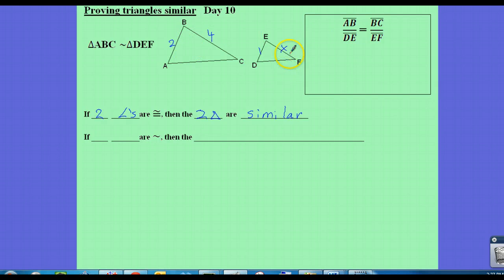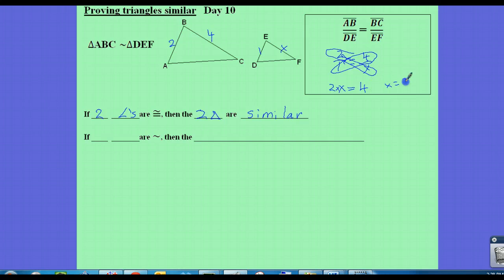If we look at this box over here, we know we can set up a proportion to find what the length of EF is. So 2, which is AB, 2 over 1 equals 4 over X. In 10th grade we can simply cross multiply and we get 2X equals 4, and of course, 2 times what equals 4?